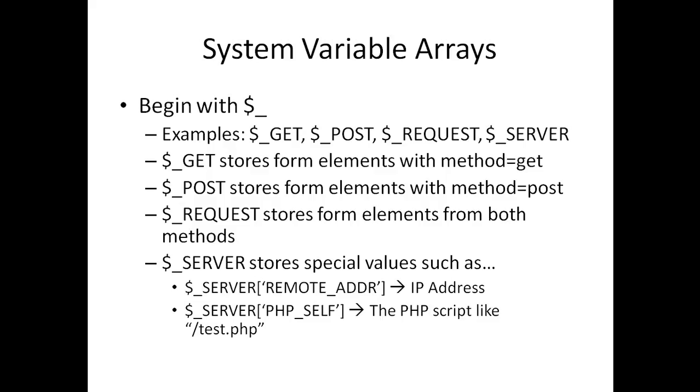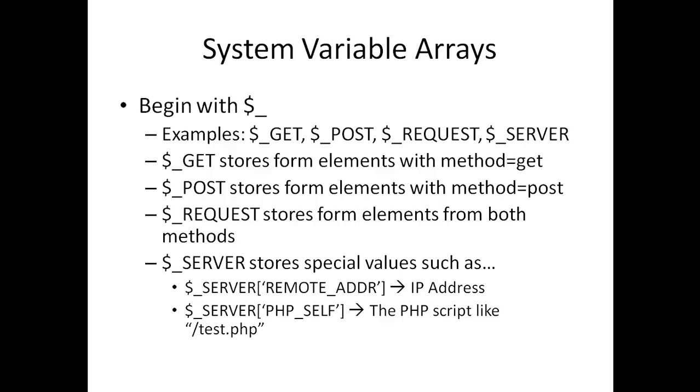Now I want to talk about system variable arrays. You have variables that begin with $_, which we talked about. You have some very specific superglobals, where you have $_GET, $_POST, $_REQUEST, $_SERVER. $_GET stores form elements with method equal get. We'll talk about form elements in a later lesson.